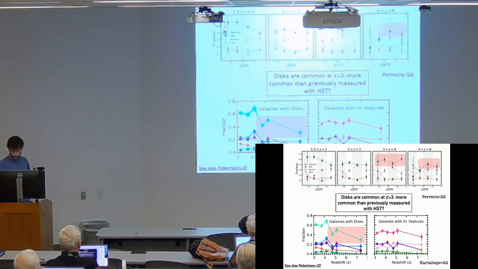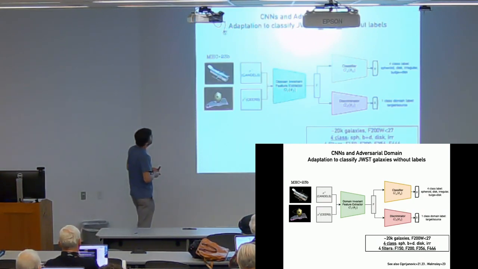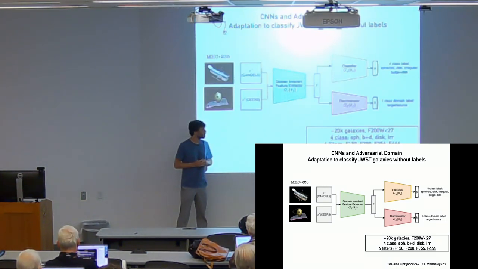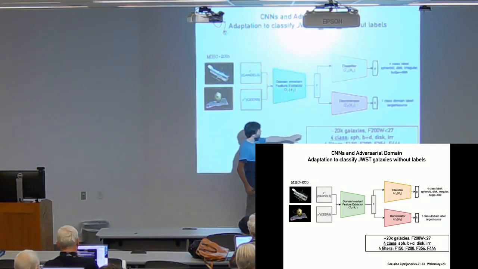So when more data arrived, we tried to understand a bit better what's going on here. And of course, I threw in some machine learning, because this is what I do for a living. I tried to get a more systematic characterization of galaxy morphology, now with larger samples: 20K galaxies in CEERS.